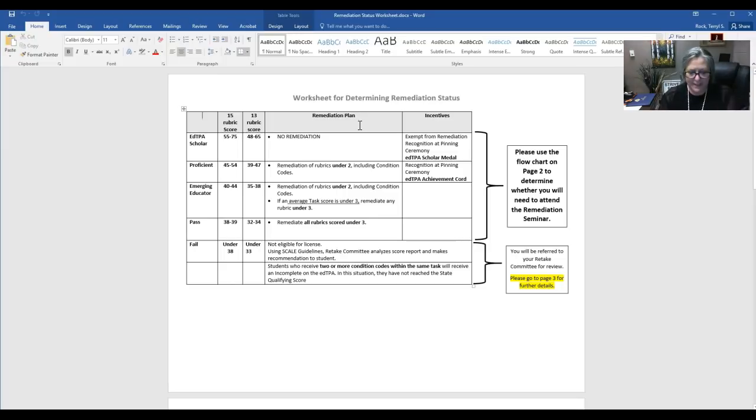Okay. And this is just a reminder of the grading rubric. We're going to be using a flow chart that's on page 2 of this to determine whether you're going to need to attend remediation. As you can see, anybody who makes a 55 and up is completely exempt from remediation.